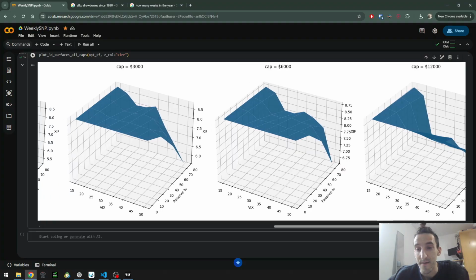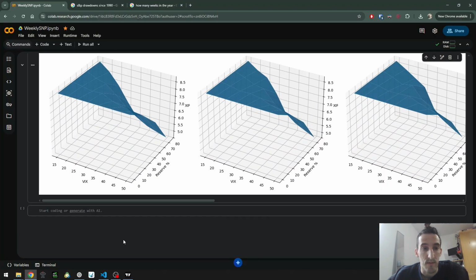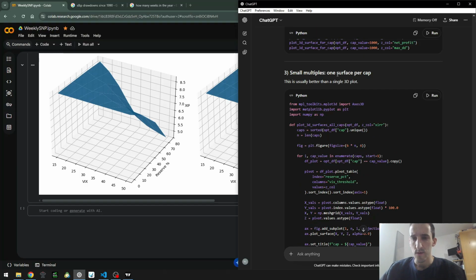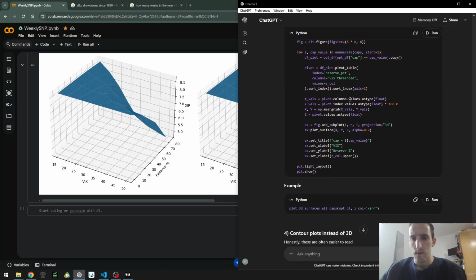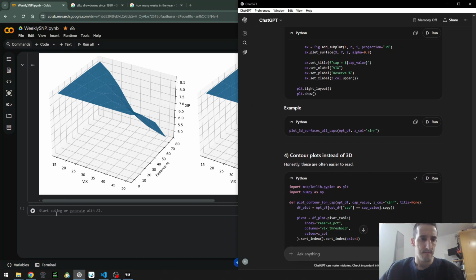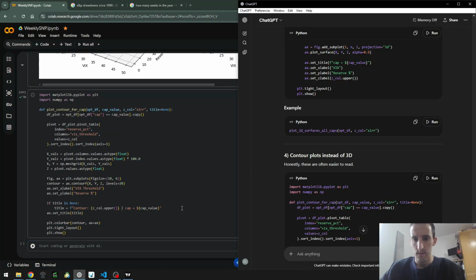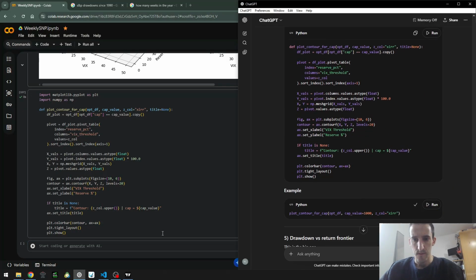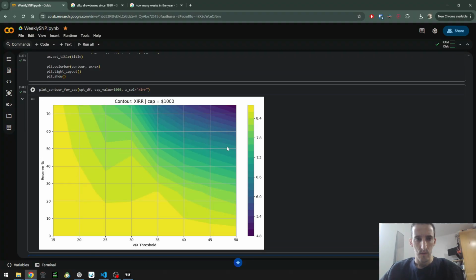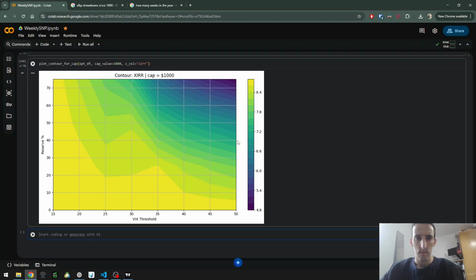Okay, that's kind of useful. This is usually better than a single 3D plot. Small multiple, one surface per cap. Cool.